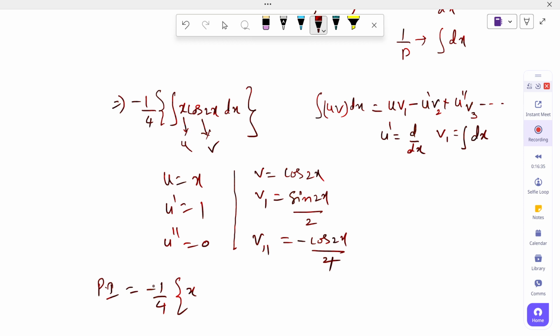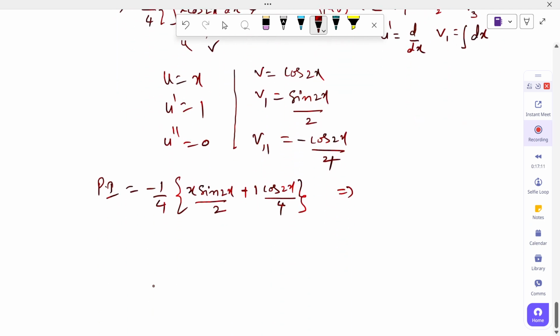Then your v1 equals sine 2x divided by 2, and your u dash equals 1, and next is going to be your cos, minus into minus is a plus, cos 2x by 4. So this is your complete PI: x sine 2x by 2 plus cos 2x by 4.